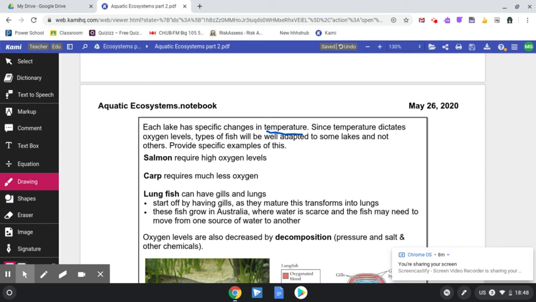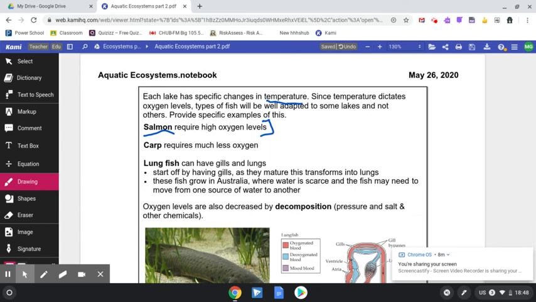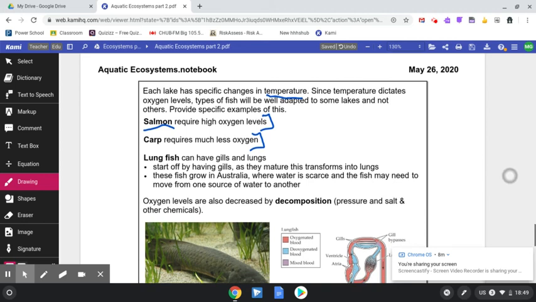Many types of fish can adapt to some lakes and not others. Salmon, for example, need high oxygen levels. Carp is an example of a fish that can live with much less oxygen.